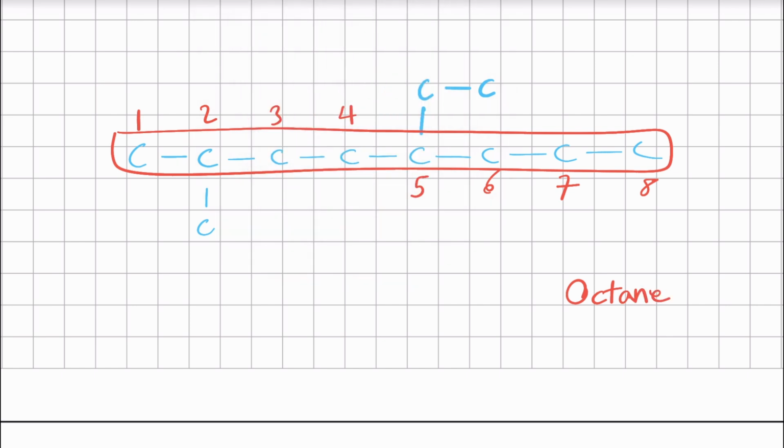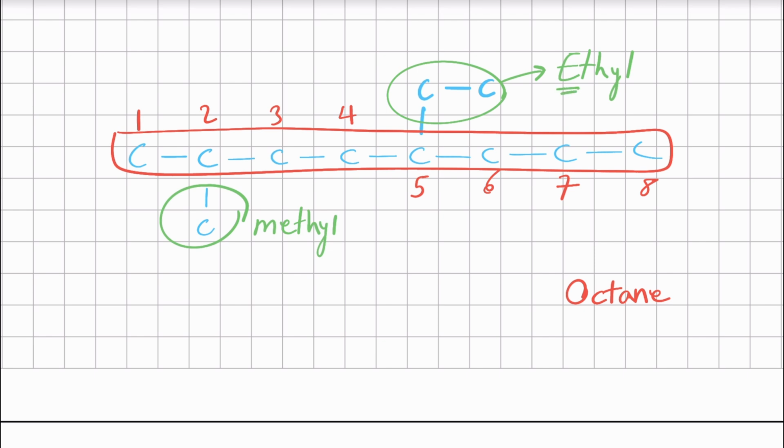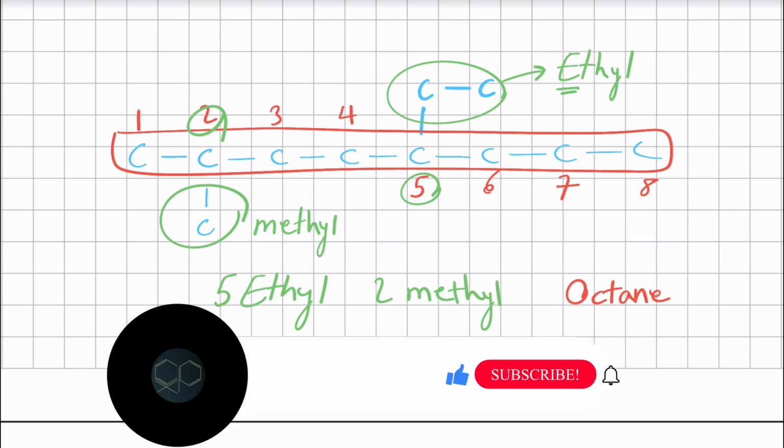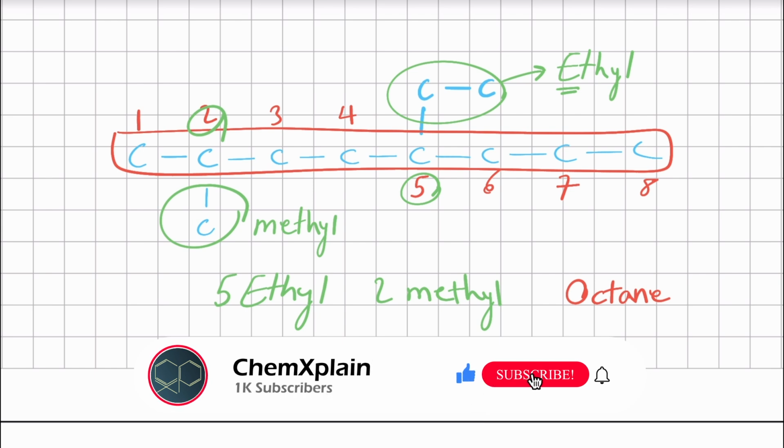On the other hand, we have a methyl group and an ethyl group as well. Again, because E goes first in alphabetical order, we write 5-ethyl, then 2-methyl octane. So the name of this compound would be 5-ethyl-2-methyloctane.